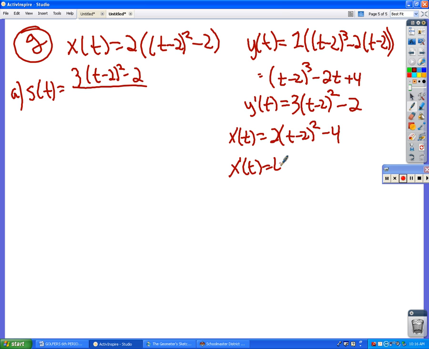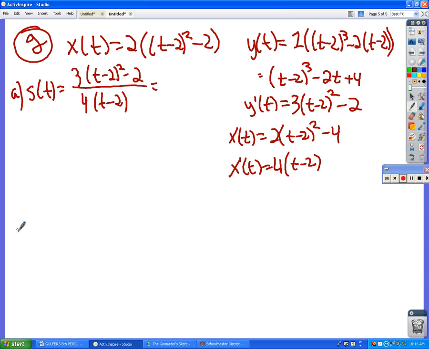Put the 2 in front makes it 4 times t minus 2 to the first. Derivative of the stuff inside is just 1. Derivative of negative 4 is zero. So this is 4 times t minus 2. And then we'll simplify this one. Oh, we can't simplify. I'm going to cancel this and this, but I can't do that. So we'll leave it just like that.